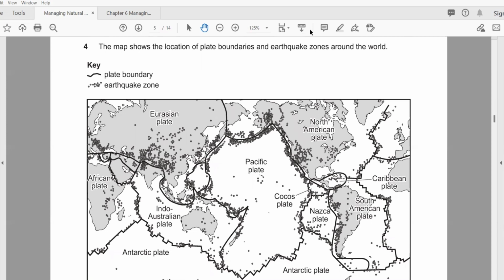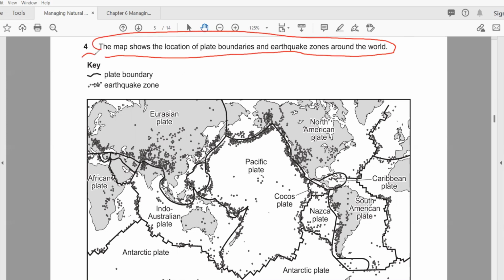Now first of all, see here. The map shows the location of the plate boundaries and the earthquake zones around the world. First of all, you see the key. As I told you, whenever you are going to describe or study a map or a diagram, you should know the key.